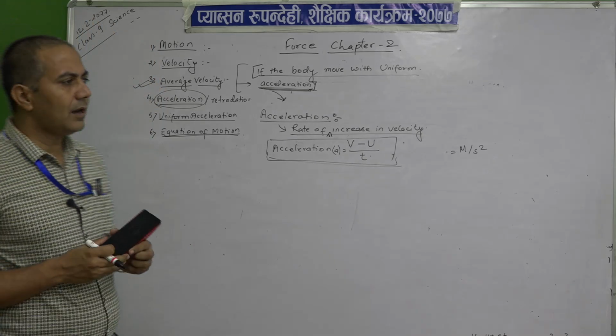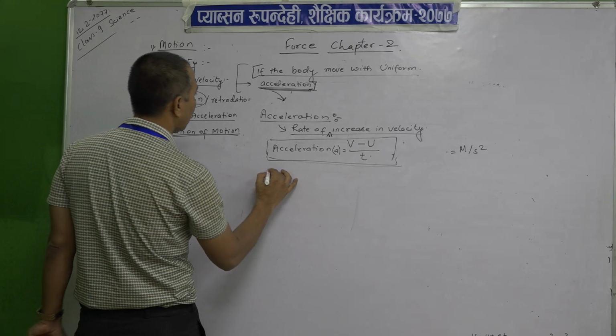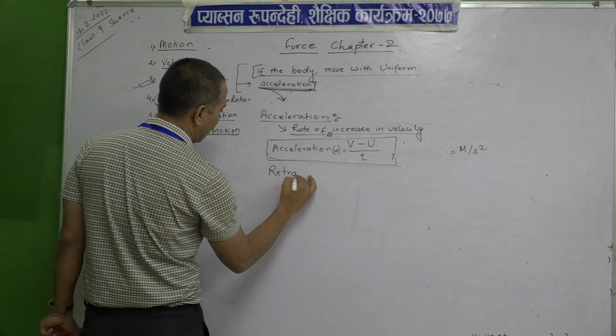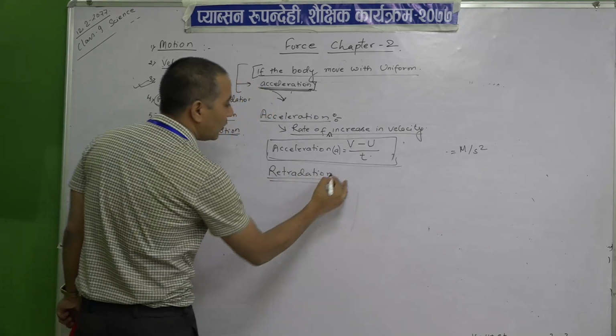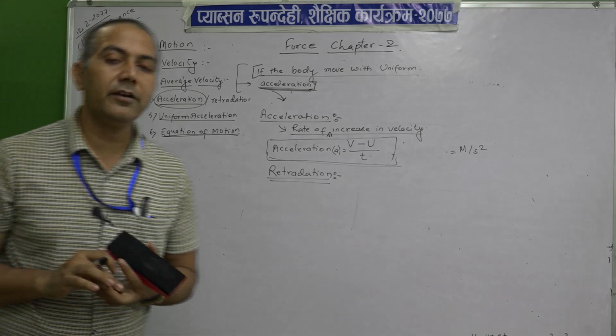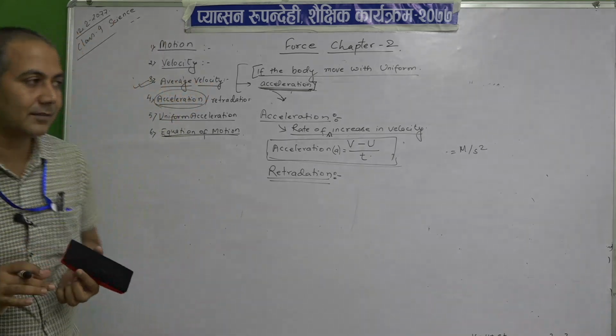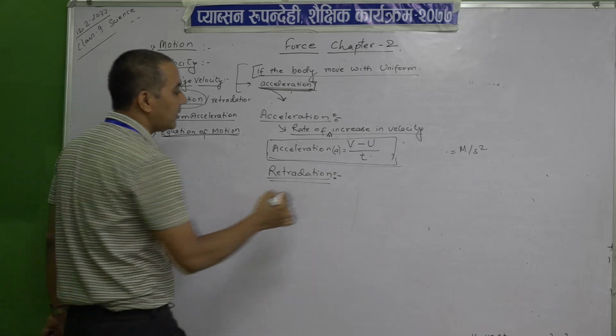Now, you will hear another word, that is retardation. Actually, in most books, it is directly written rate of change of velocity is acceleration, but negative acceleration is denoted by retardation.